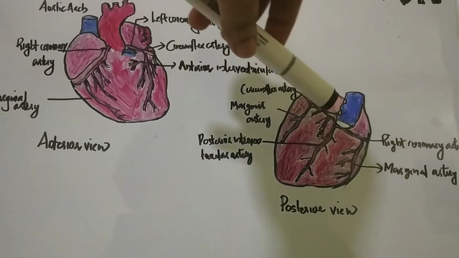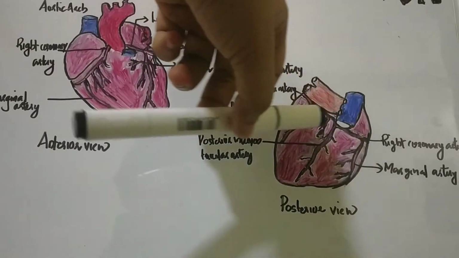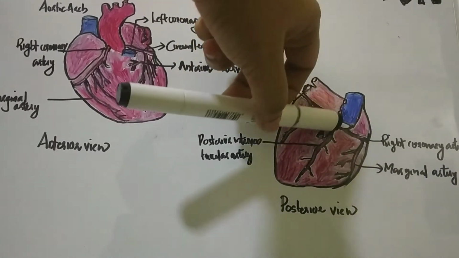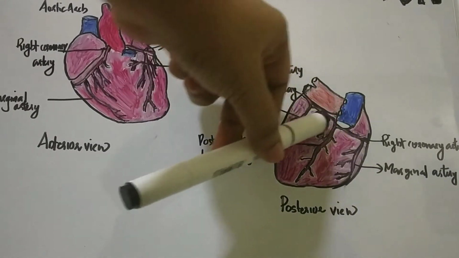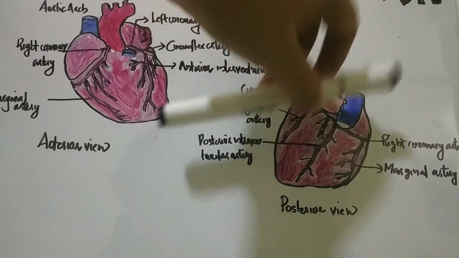The right coronary artery anastomoses with the circumflex branch of the left coronary artery at the crest of the heart. In this figure you can see the right coronary artery anastomosing with the circumflex branch of the left coronary artery. This is the crest of the heart.